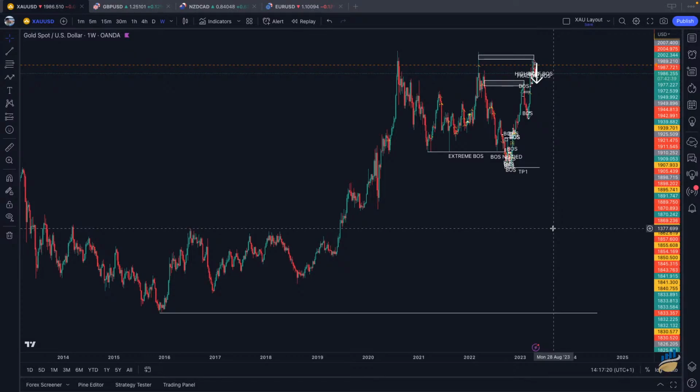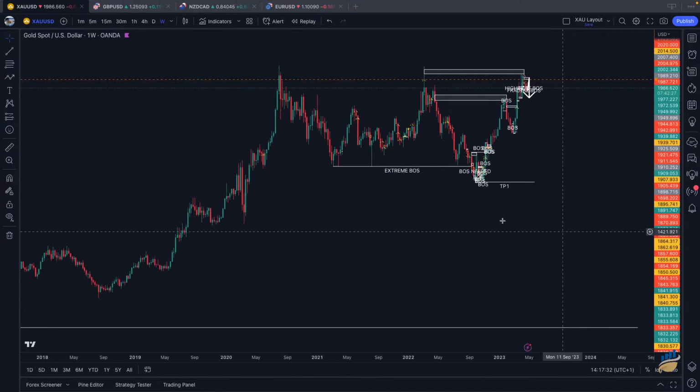Now, it doesn't mean we can't look to go short in this market, taking advantage of those higher time frame corrections and any bearish moves we get presented with.